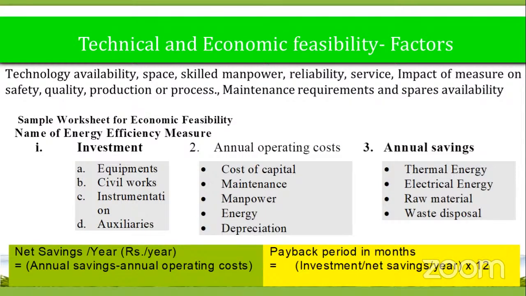Commonly used formulas: net savings per year is annual savings minus annual operating cost. Payback period in months is investment divided by net savings per year, multiplied by 12, which gives the payback in months. Whenever you put in a solar generator, the normal generation is going to be replaced by solar generation, so what could be the payback period?